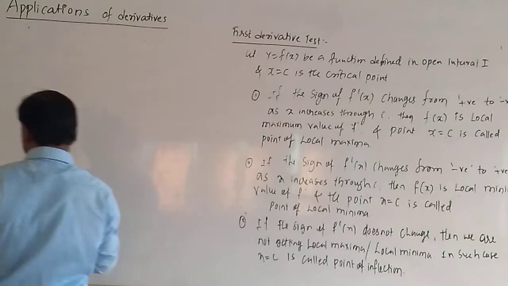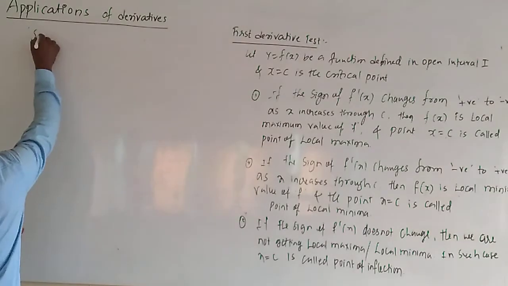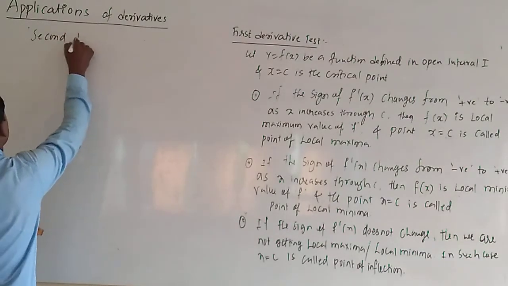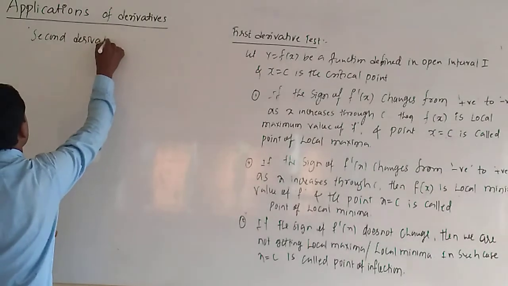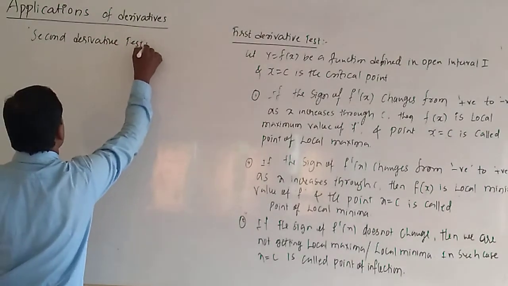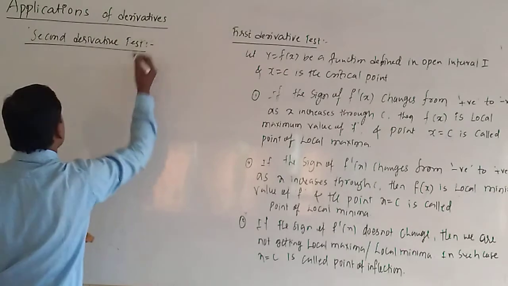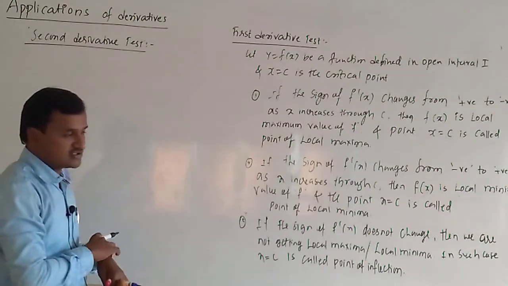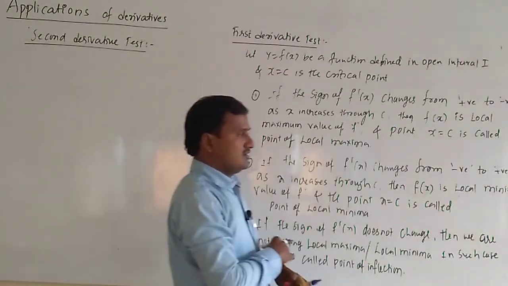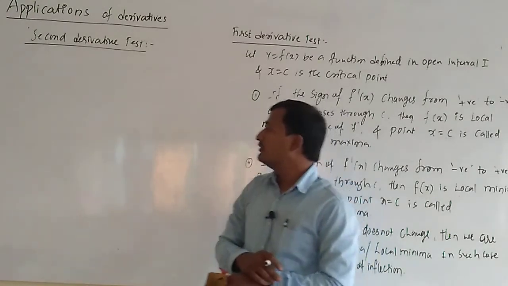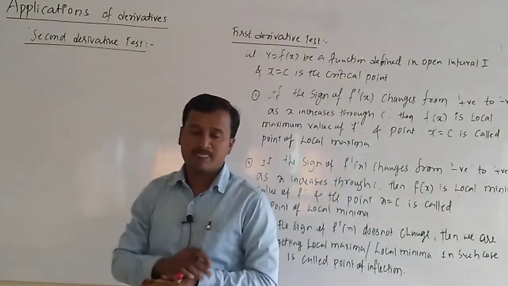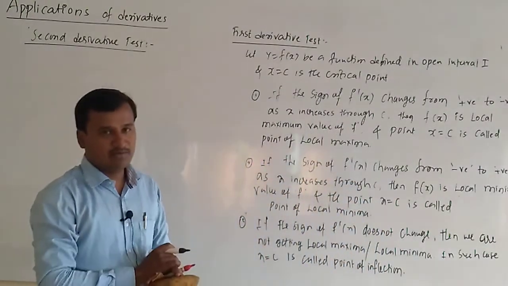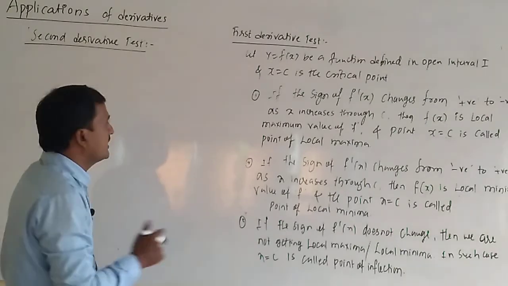How to apply the second derivative test, or what is the working rule to check whether the given function has a local maxima or local minima by using the second derivative test.